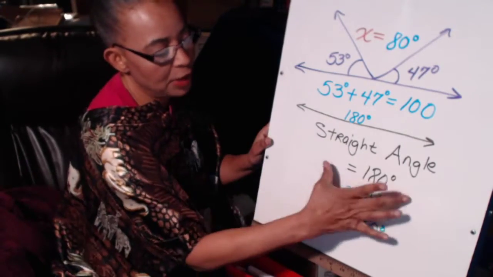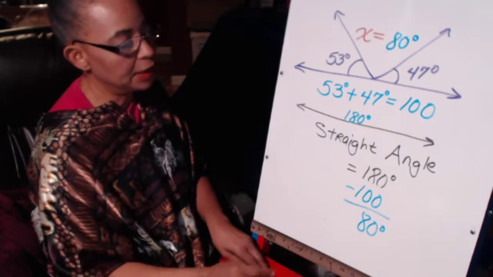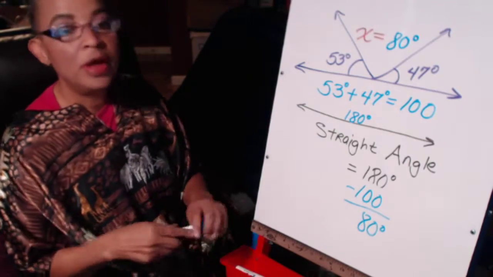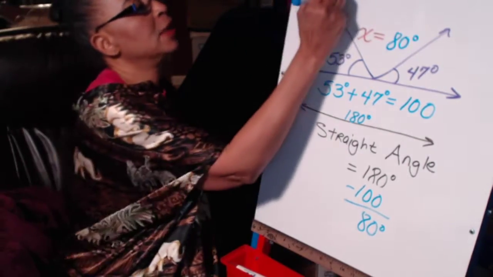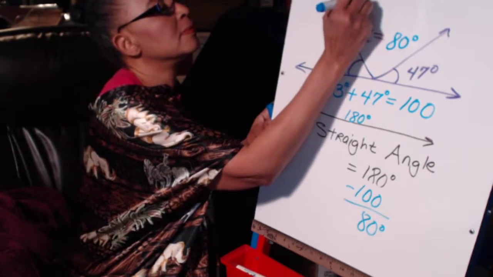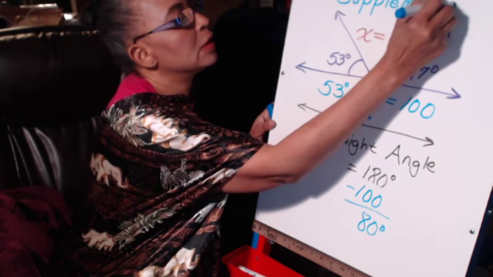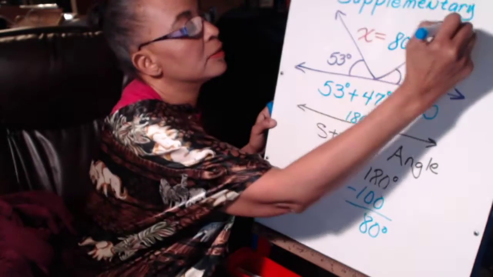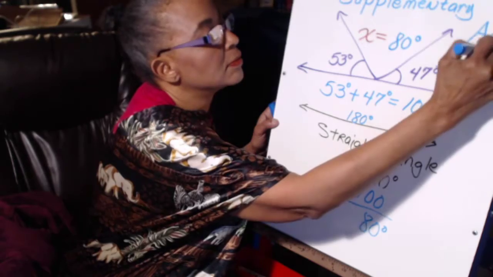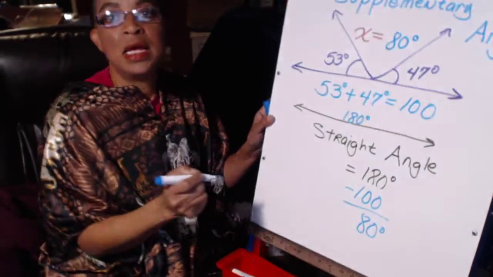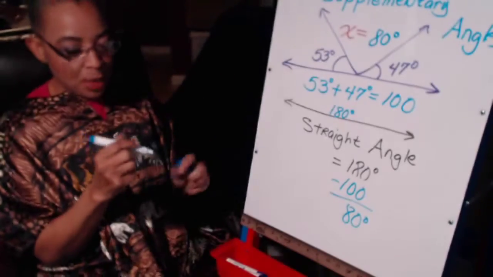We dealt with something that was 180 degrees, and your textbook will call that supplementary angles. So why is it calling it supplementary angles?